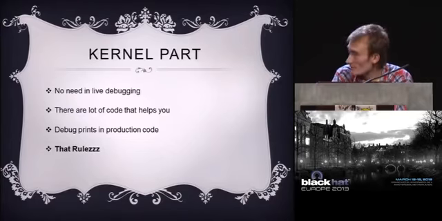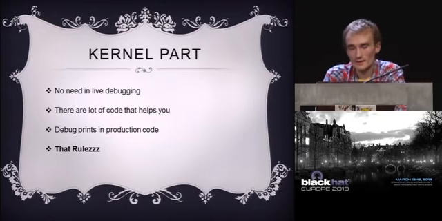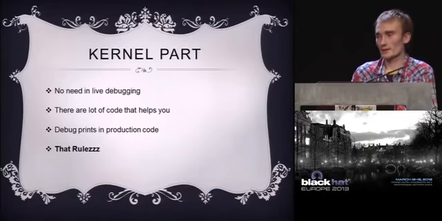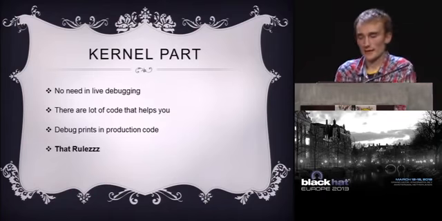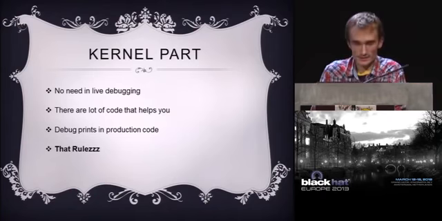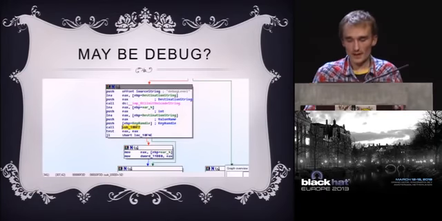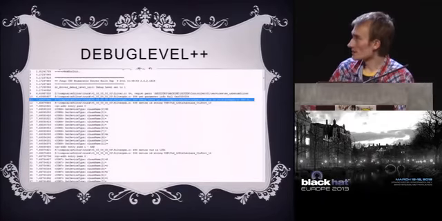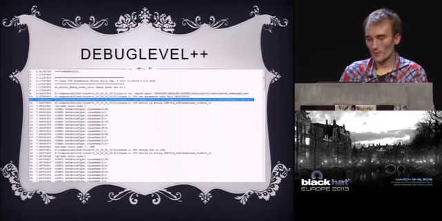So about the kernel part, the nice thing is that most of the time you actually don't need a debugger, because there is a lot of code that, in my opinion, should only be in testing. There are a lot of debug prints that exist in production code, and it actually rules, because by setting the highest debug level and watching in WinDbg or in DebugView, you can see without debugging how the kernel parts of modems work.